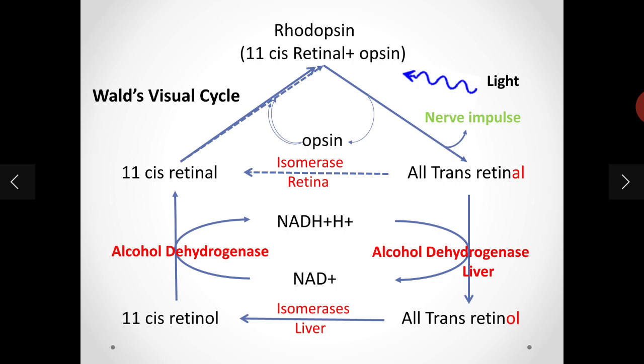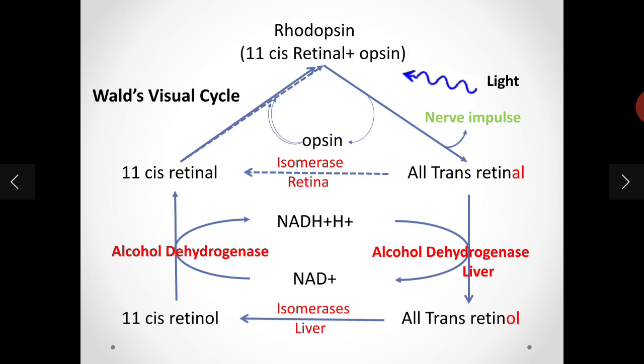Then all trans retinol is converted to 11 cis retinol by the enzyme isomerase in the liver. This 11 cis retinol can be converted to 11 cis retinal, the aldehyde form, again by the enzyme alcohol dehydrogenase. So this 11 cis retinal will combine with the opsin to resynthesize the rhodopsin. This mechanism is called Wald's visual cycle. The resynthesis of the rhodopsin takes place here.